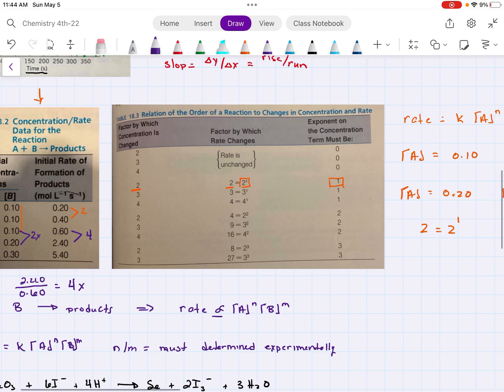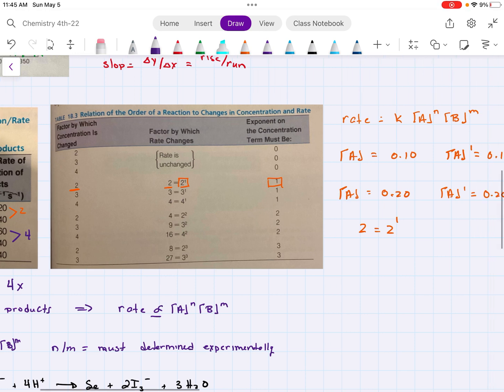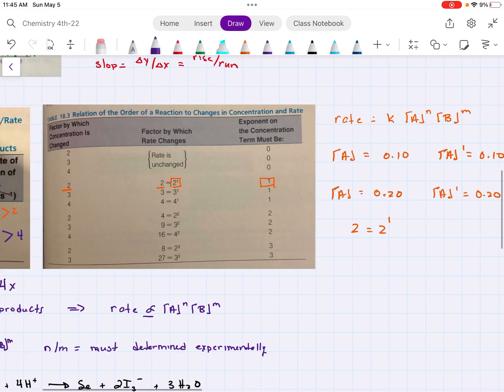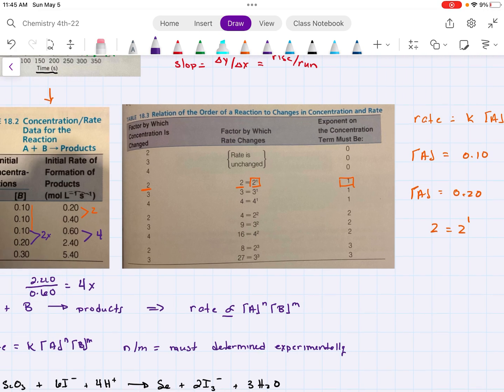So what's going on here is this. We're seeing a 4-fold increase. Let's take a look at our table. We saw that the concentration of B is doubled, but in the product formation, we see a 4-fold increase.